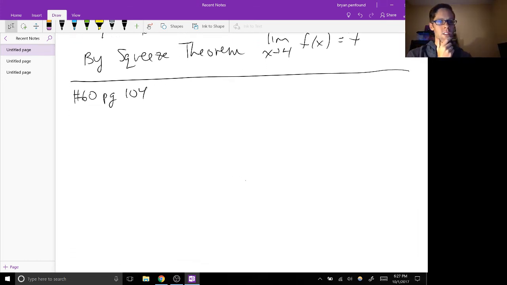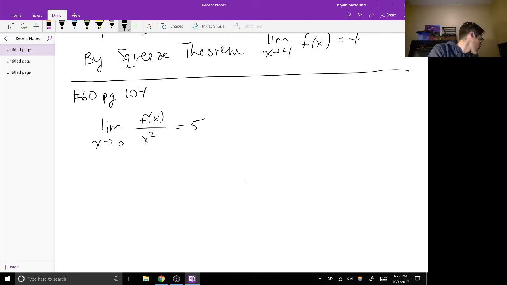Number 60 gives us some information. So we know that the limit as x approaches 0 of f of x divided by x squared is 5. So this we know.